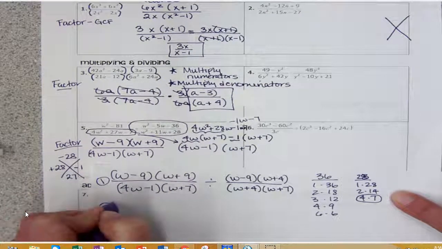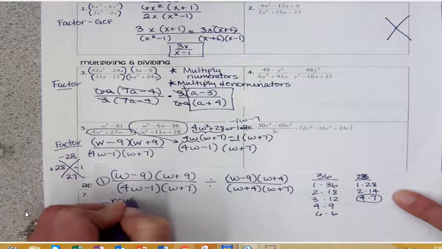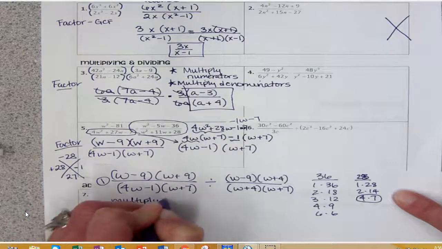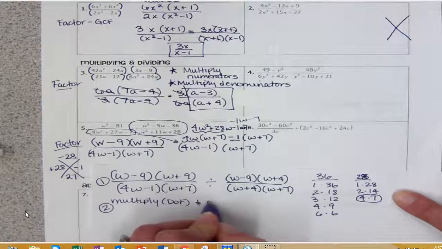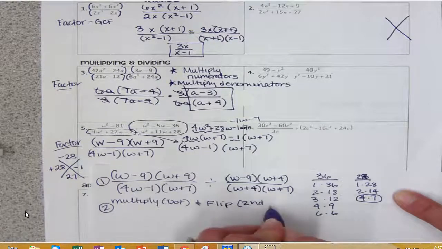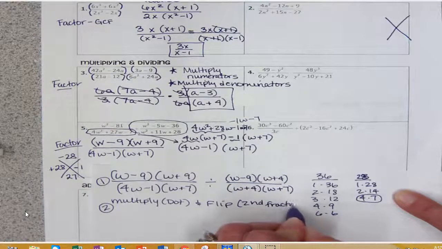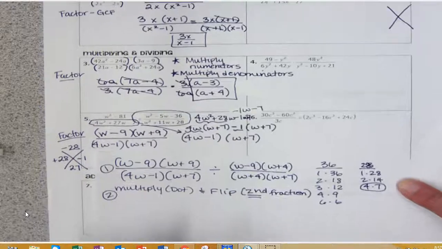Now, when I'm multiplying, I've got to remember to multiply, or dot, and flip the second fraction. Make sure you're flipping your second fraction.